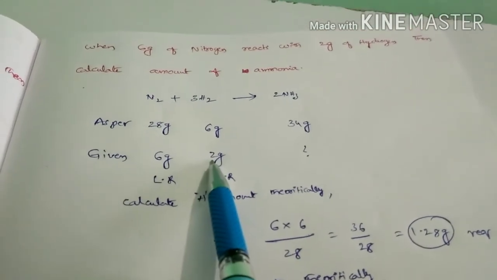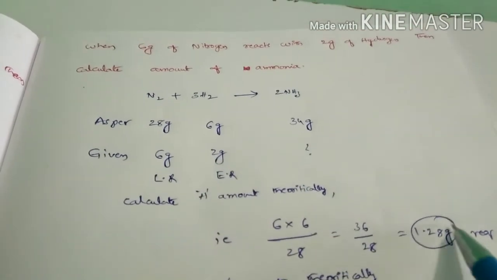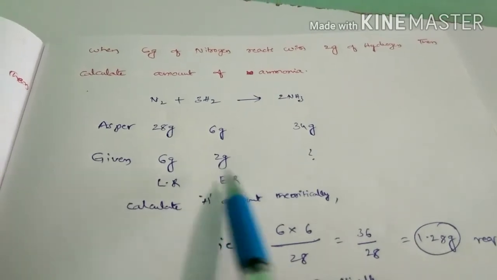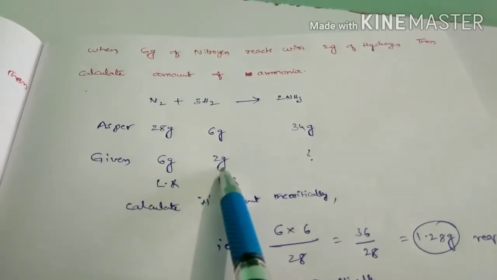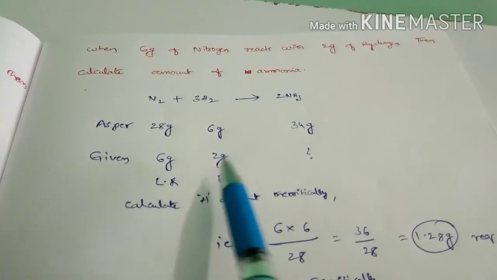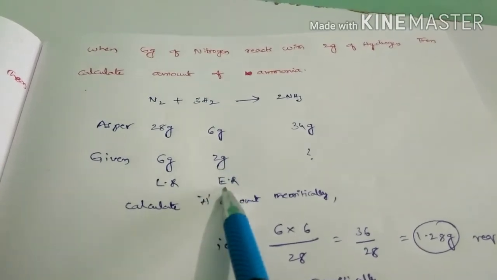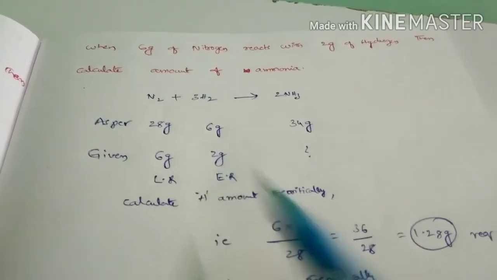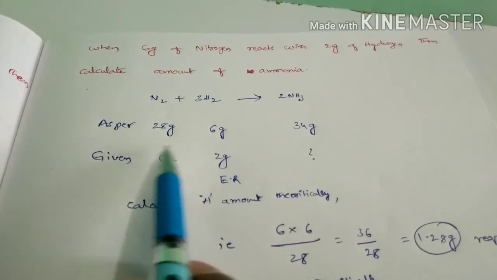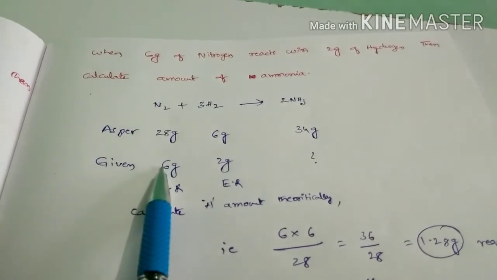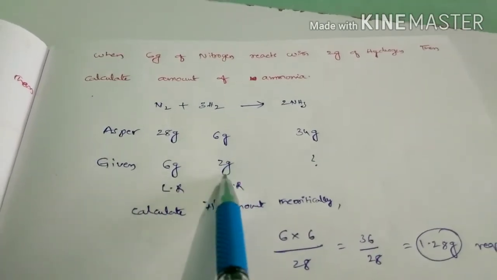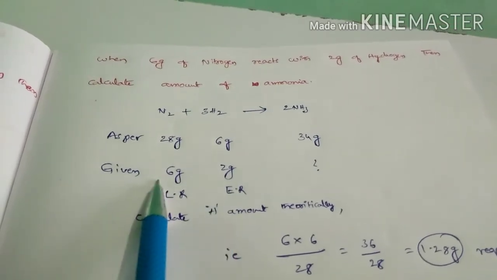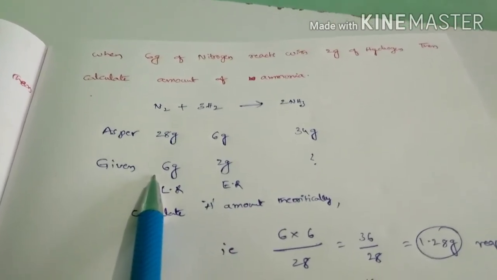Here 2 grams is the given amount. The required amount is less than the given amount, so this will be the excess reagent. Automatically the other part will be the limiting reagent. So in this reaction H2 is the excess reagent and nitrogen is the limiting reagent.